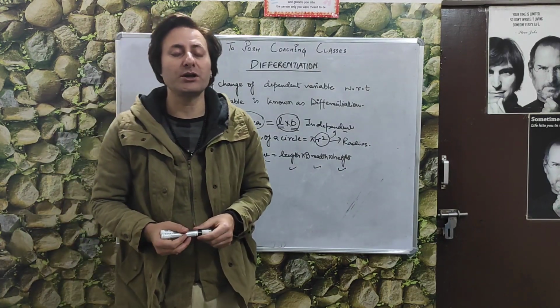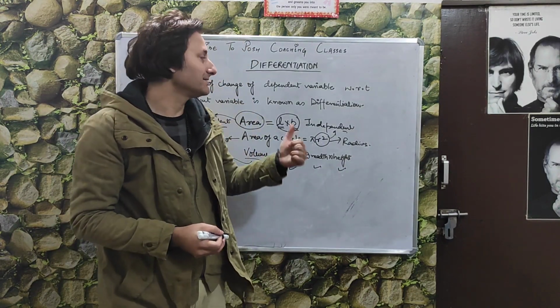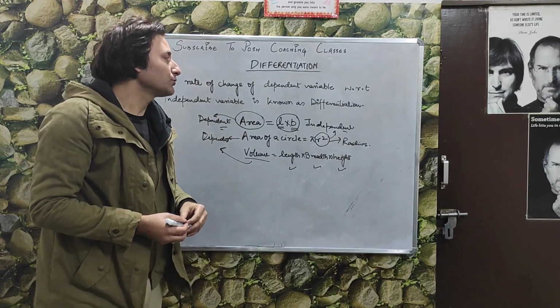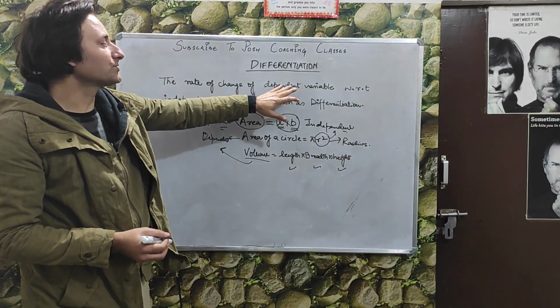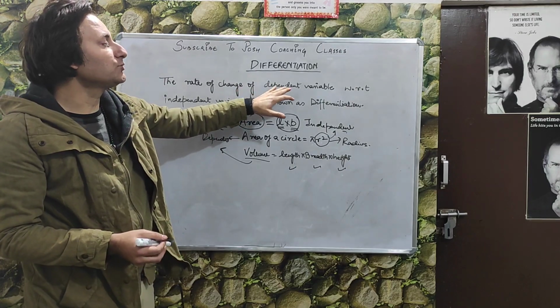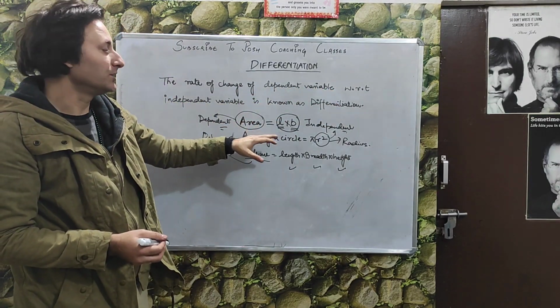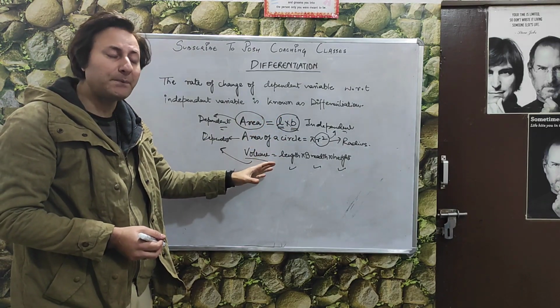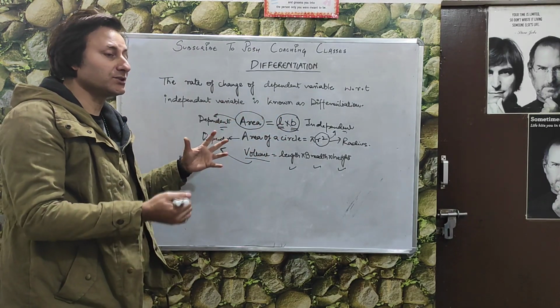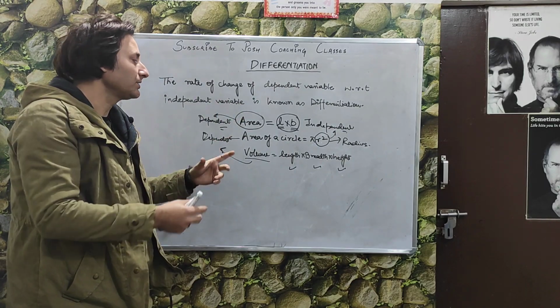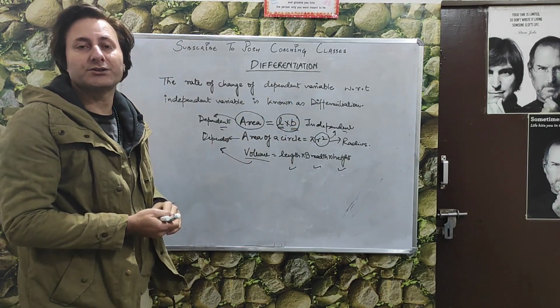Now the main topic is differentiation. We are saying it is the rate of change of dependent variable with respect to independent variable. There is a change happening, and the relation between the changes makes it differentiation.